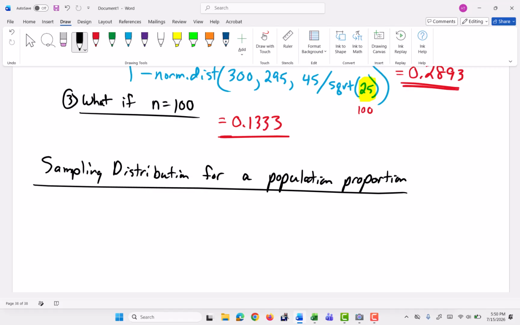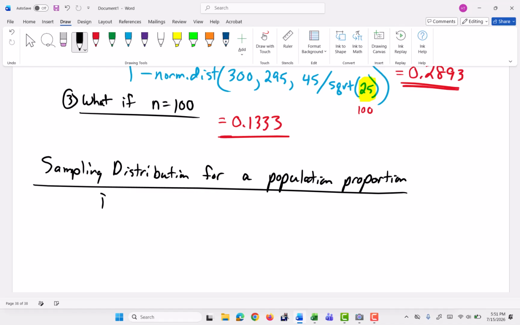You cannot have the probability of a single item having a proportion greater than or less than a certain amount, because either that item has the characteristic, so its proportion would be 1 or 100%, or it doesn't have the characteristic, so its proportion would be 0. But it's the same thing.